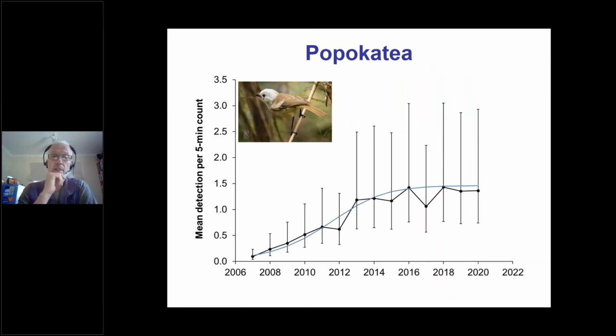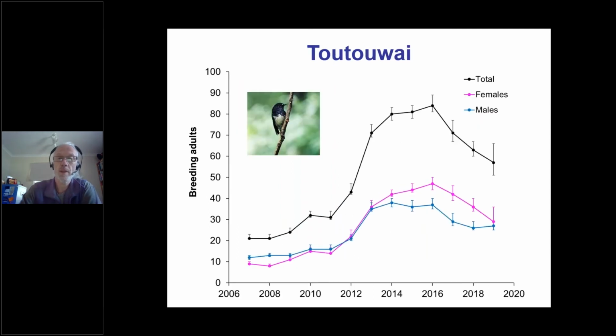So just going on to the data, Popokatea, all we've got is data on the trends from counts. Okay, big error bars around it. There's lots of issues associated with these sort of data, but it is very consistent with just logistic growth and reaching a carrying capacity as shown by that fitted blue line there. Toutouwai, I remember, have the best data.